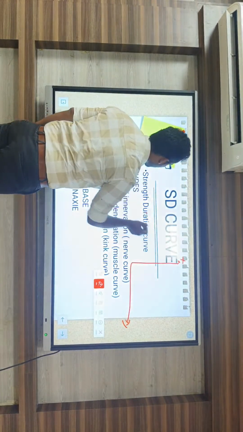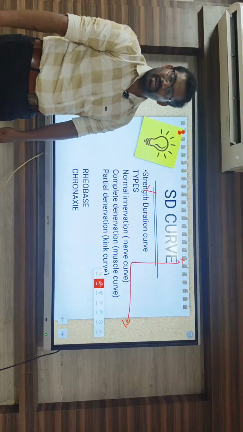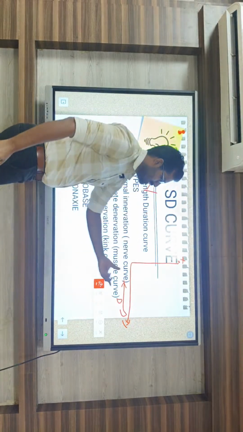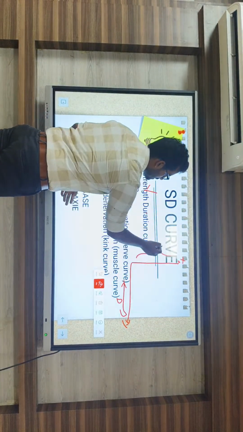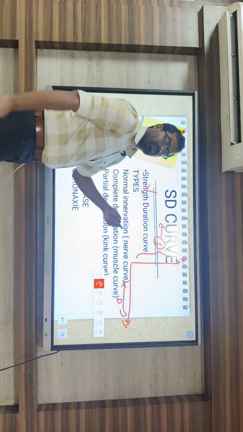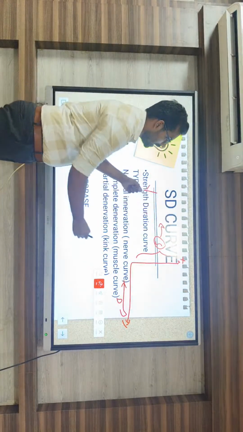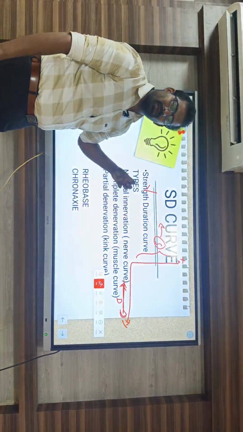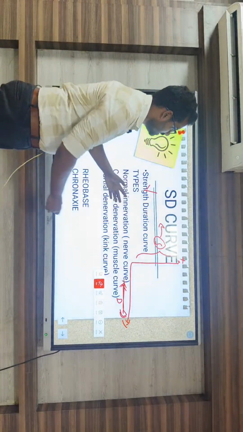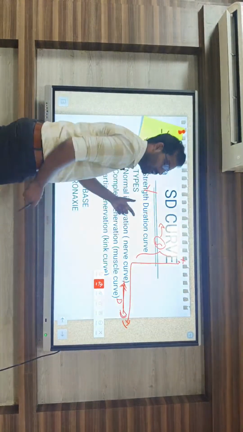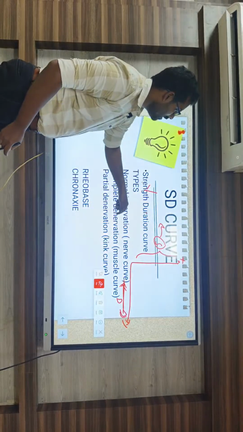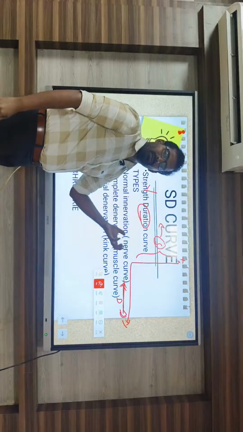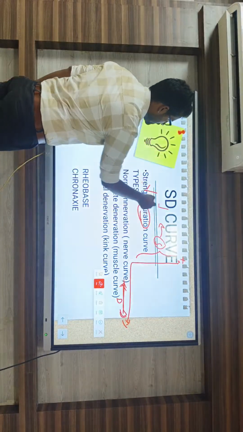The x-axis resembles strength and the y-axis resembles duration. Strength resembles the intensity of the electrical current, and duration resembles the time it takes for the muscle to get a minimal amount of muscle contraction. This graphical correlation is known as the SD curve.